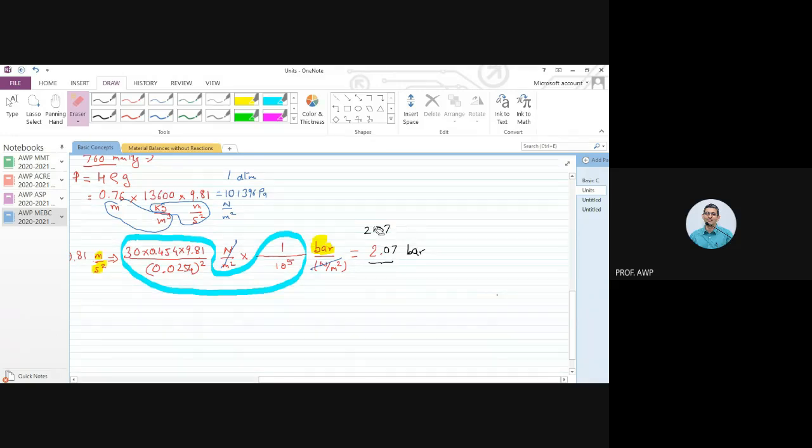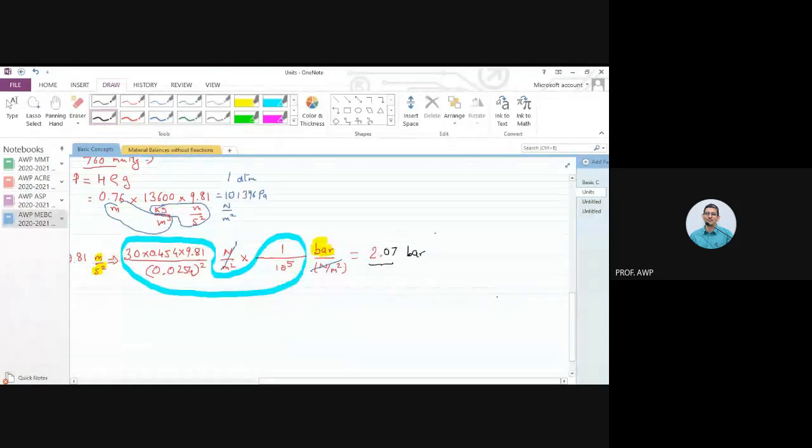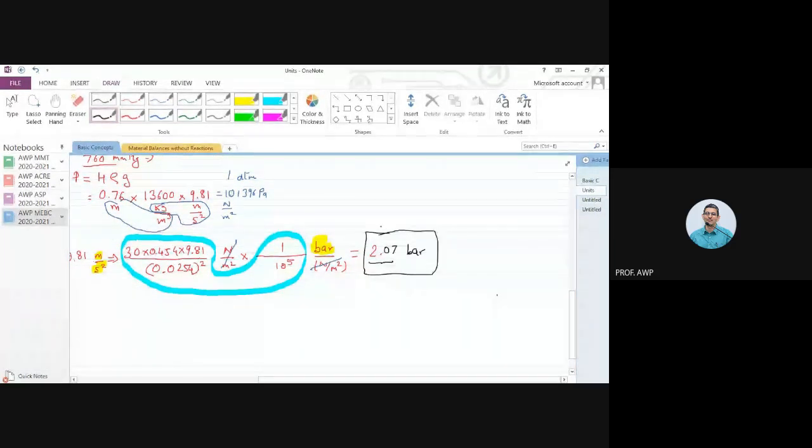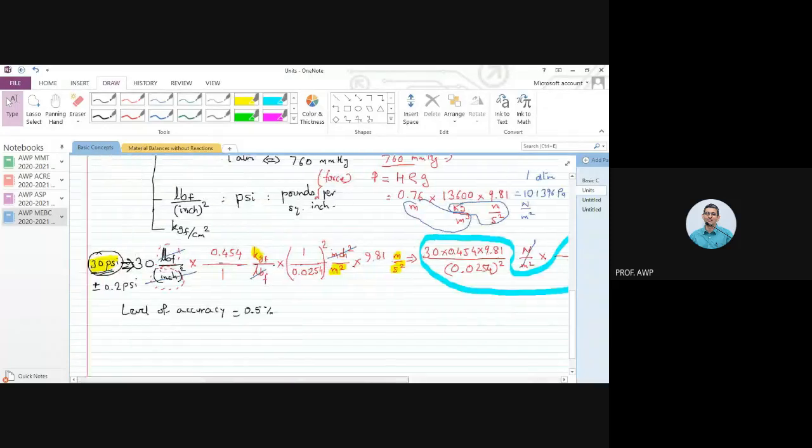This is a point that I wanted to emphasize, and it is good that it has come about naturally by way of discussion. So be careful about the level of accuracy with which our measuring instrument is measuring the quantity.